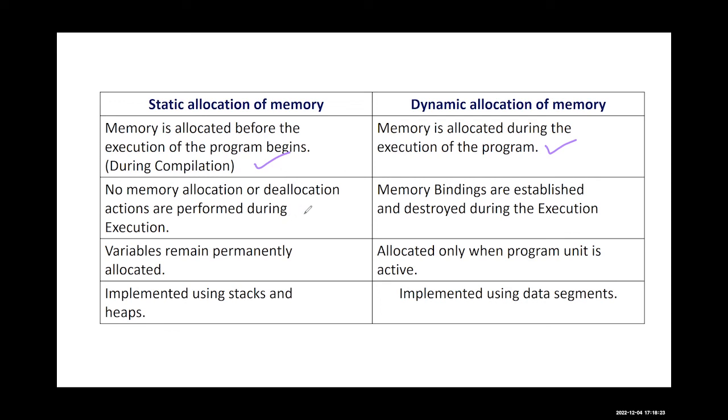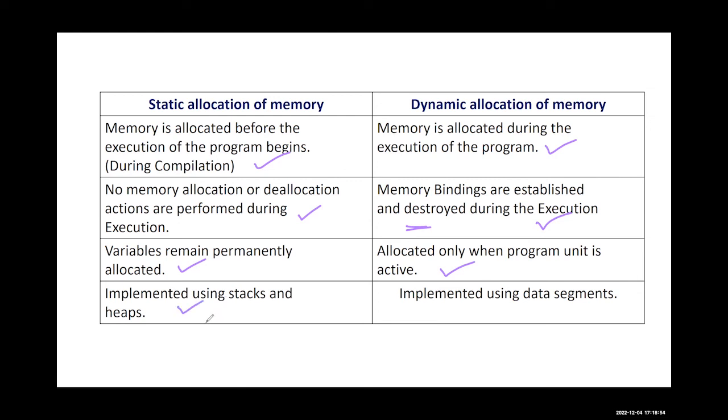In static allocation, no memory allocation or reallocation actions are performed during execution, but memory bindings are established and destroyed during the execution. Variables remain permanently allocated, so even after we allocate the memory, it is permanent and we cannot deallocate it. In dynamic allocation, memory is allocated only when the program unit is active, and after that it gets deallocated.